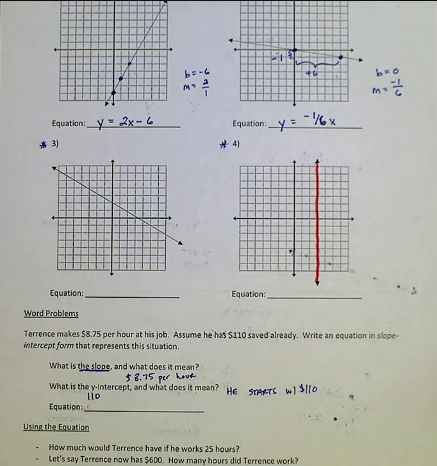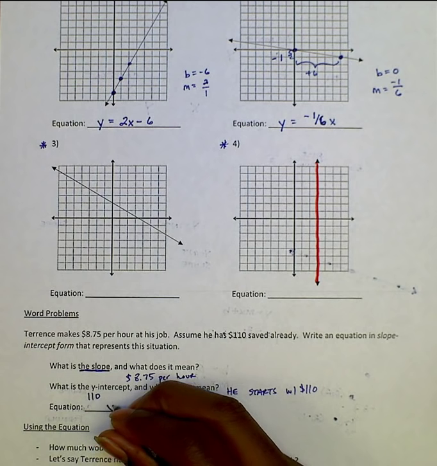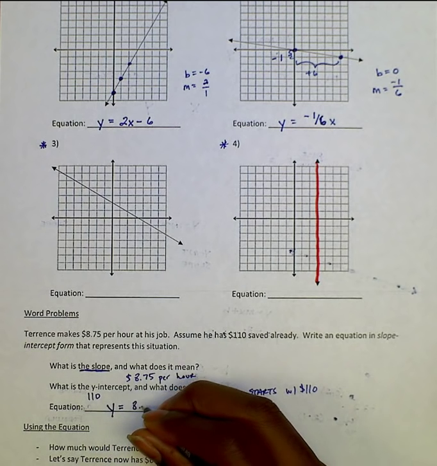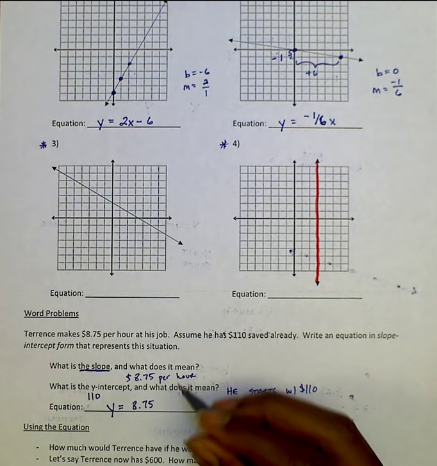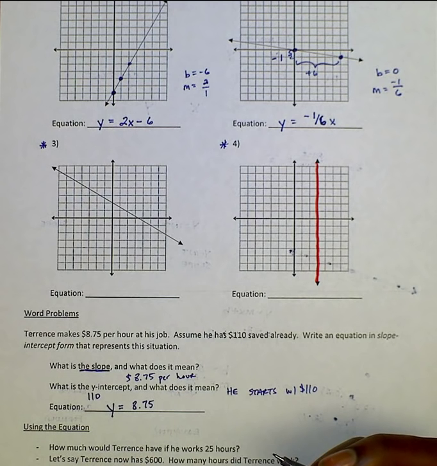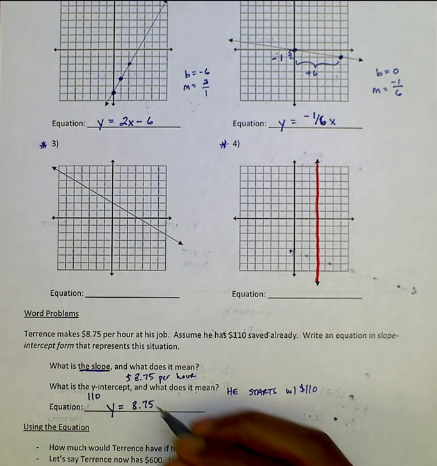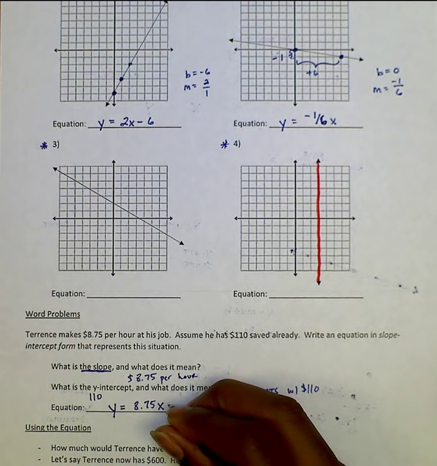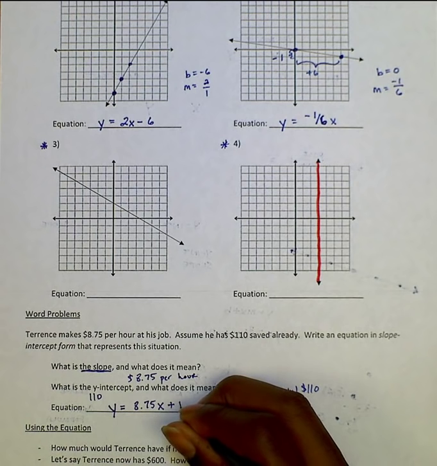Okay, and so then our equation would be y equals our slope, which is 8.75x, plus his y-intercept, which is 110.